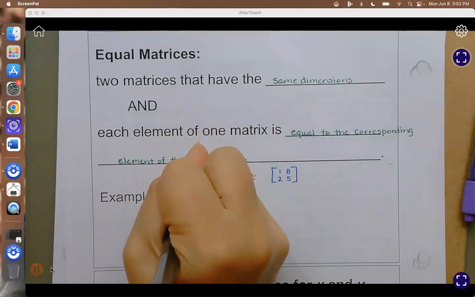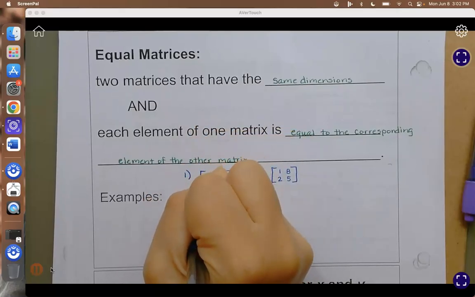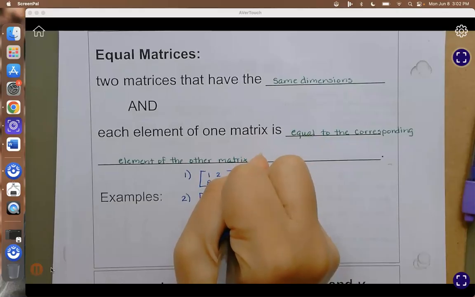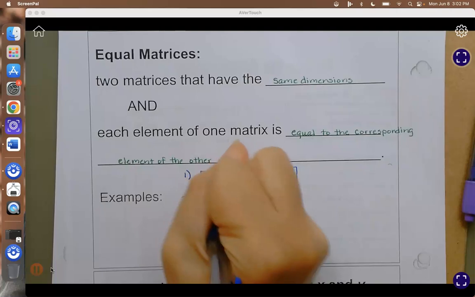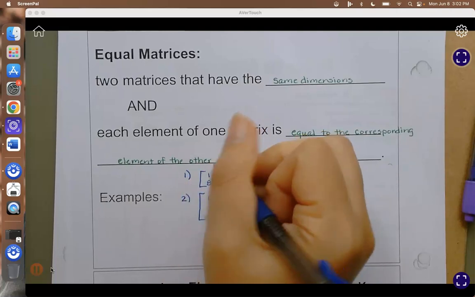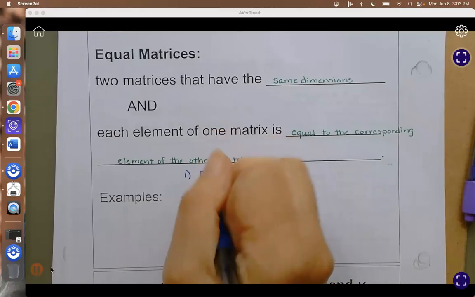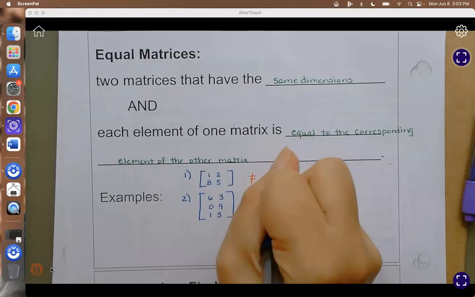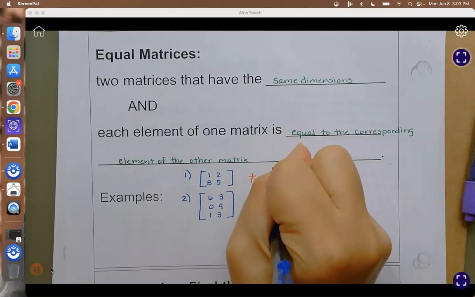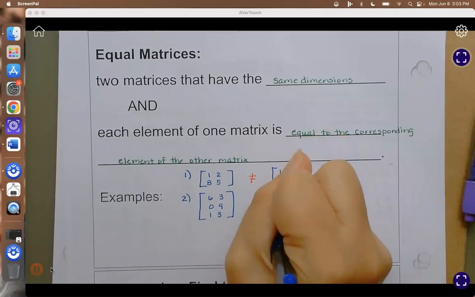All right, let's look at another one. So the first row of this one is 6, 3. The second row is 0, 9. The third row is 1, 3. This matrix, the first row is 6, 0, 1.